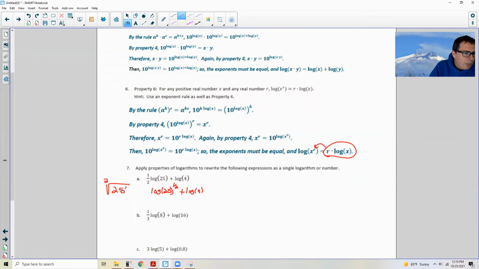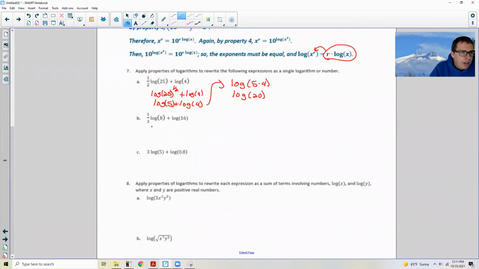So 25 to the 1/2 is just the square root of 25, which is 5. So this is going to become the log of 5 plus the log of 4. And by our product rule, when we add logs with the same base, we get the log of 5 times 4. So this is going to equal the log of 20. Okay, hopefully that made sense to you.